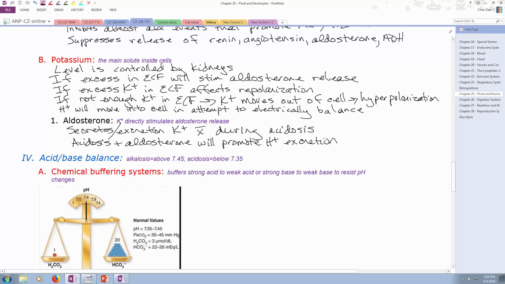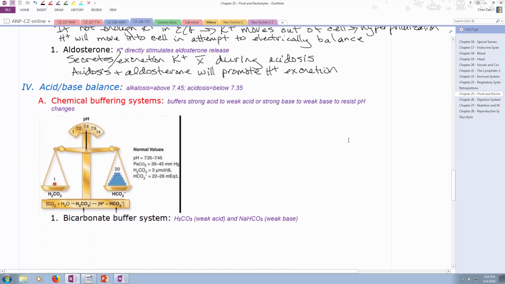So with an acidotic pH, we try to stabilize or normalize that metabolic acidosis by using protons as a substitution for potassium when aldosterone is present, which will be increased during severe stress for us.